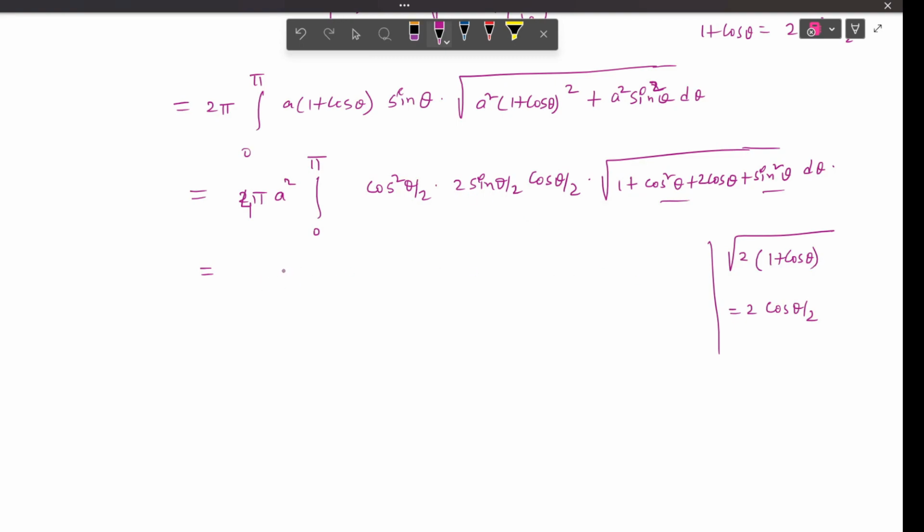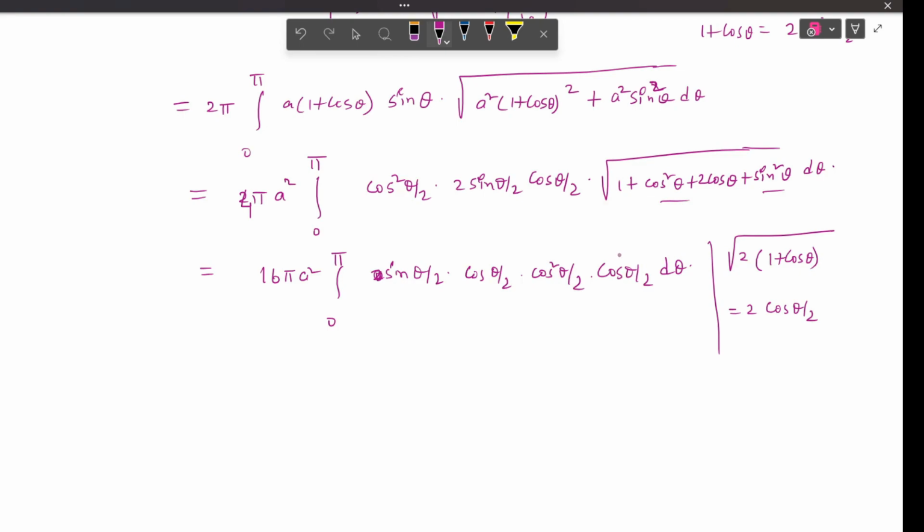It will be 16 pi a square, integration 0 to pi. It will be 2 sine theta by 2 cos theta by 2. This is cos square theta by 2. And from this, we got cos theta by 2 into d theta.